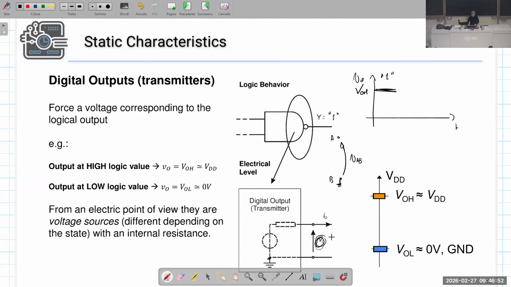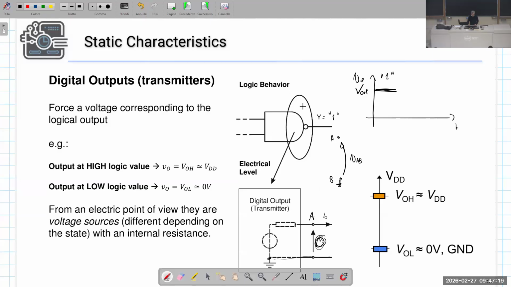Okay, so when we indicate the output voltage VO of the gate, we implicitly indicate that this is the voltage between the output terminal of the gate and this reference potential. Okay, is that clear?